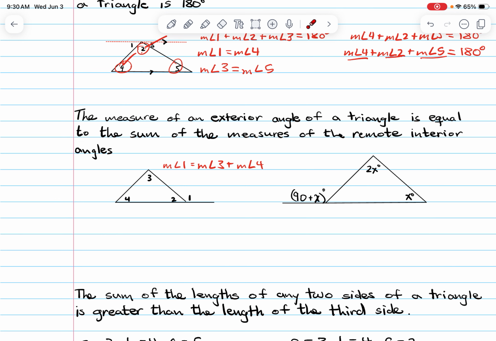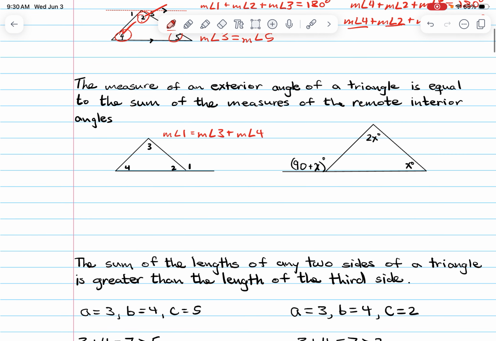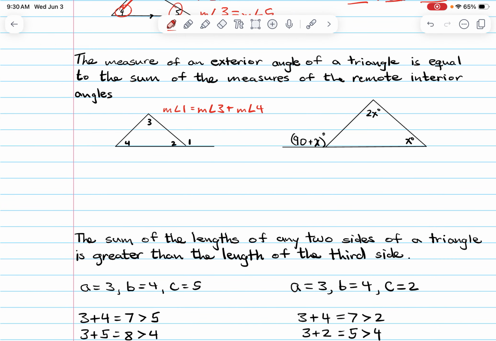Now, how do I know that's true? Well, here's how I know it's true. Notice that the measure of angle 1 plus the measure of angle 2 is equal to 180. And we know that because angle 1 and angle 2 form a straight angle. And here's something else we know.